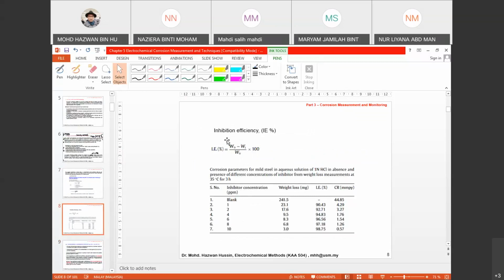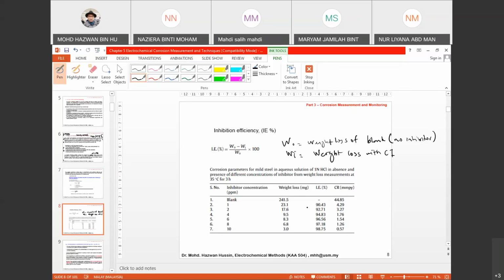Inhibition efficiency is calculated using this formula: IE equals W naught minus WI over W naught, where W naught is the weight loss of the blank, meaning no inhibitor, and WI is the mass loss or weight loss of the sample with CI, the corrosion inhibitor.